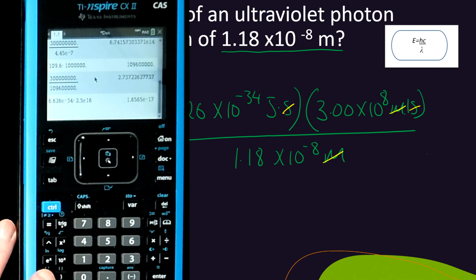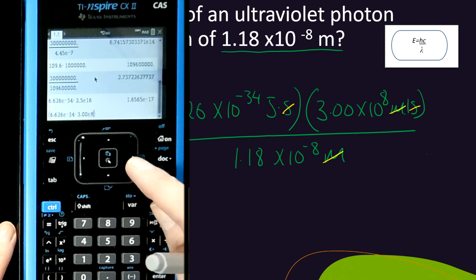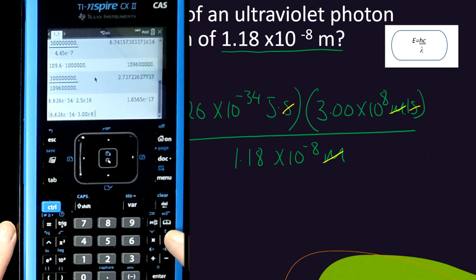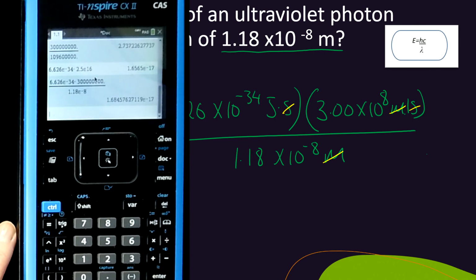So open your parentheses, 6.626 EE negative 34 multiplied by 3.00 E8, and we want to divide that by 1.18 E negative 8. Press enter, and we see that we get 1.684 in terms of our final answer.